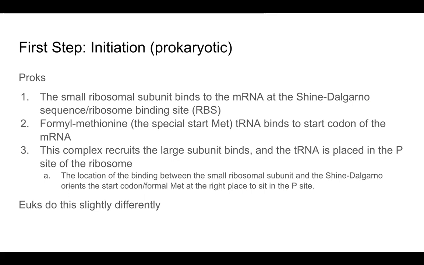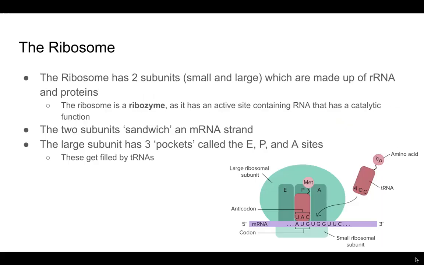And then the large subunit comes in and binds such that that formylmethionine tRNA is in the P site, this middle site right here. You can actually see this is right after initiation has occurred. The formylmethionine is sitting in the P site. You have the small subunit and the large subunit sandwiched around the mRNA, and the formylmethionine is at that AUG start codon.